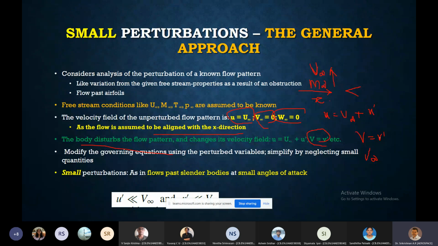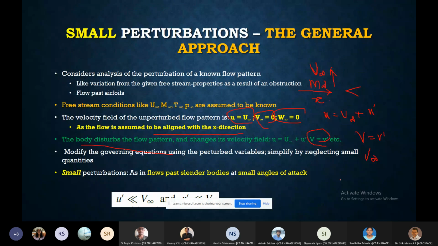When we do that, and try to examine the behavior of those equations, that approach is called the small perturbation approach, or the theoretical formulation of it is called small perturbation theory, which is applicable for slender bodies at small angles of attack.